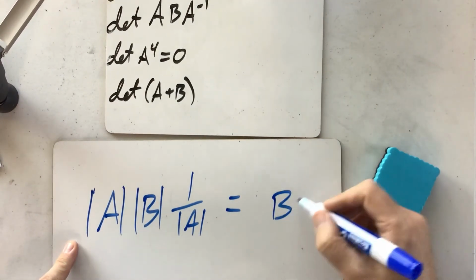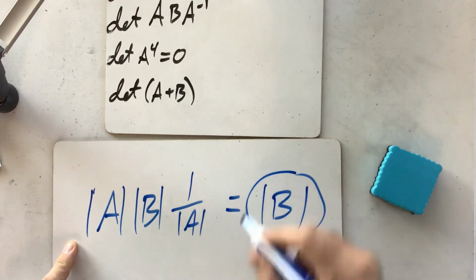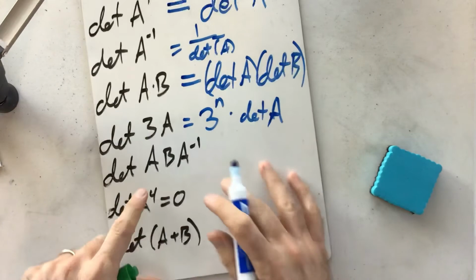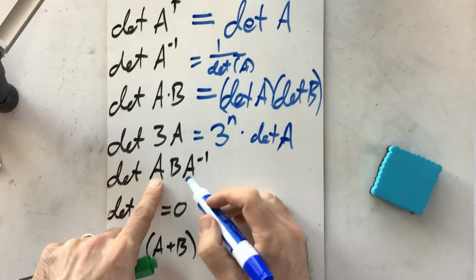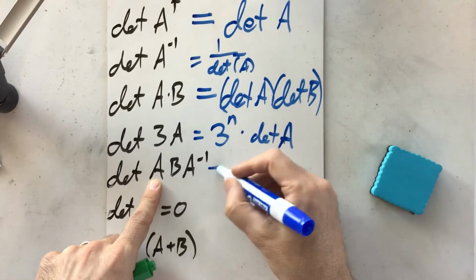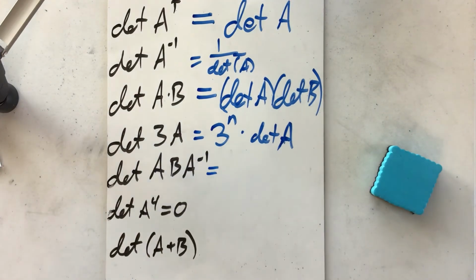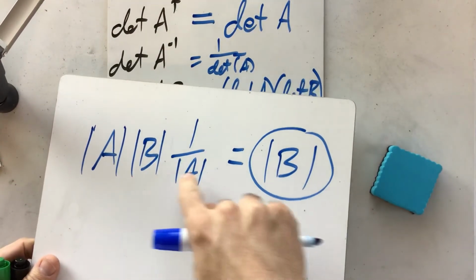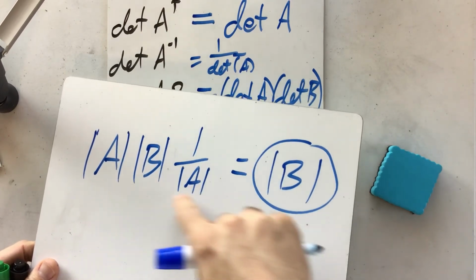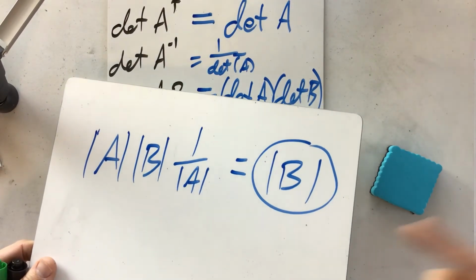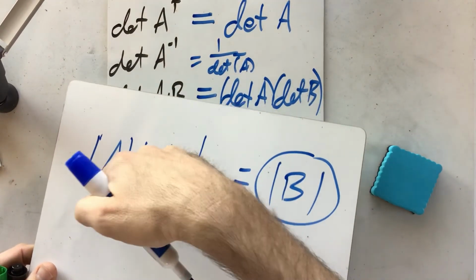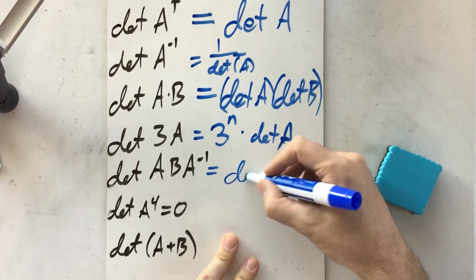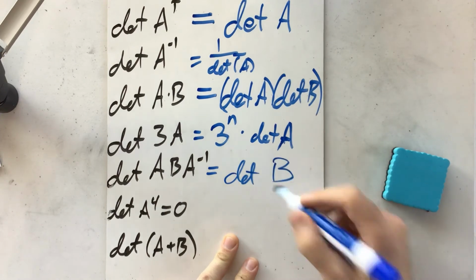That means we get the determinant of B all by itself. What's nice is that this A and this A inverse can't cancel multiplication-wise, because we know that matrix multiplication isn't commutative. But determinants are commutative, because this is multiplication by constants. This is not multiplying matrices anymore. And so this A and this A inverse do end up reducing each other out when we get to determinants. So this is just the determinant of B.